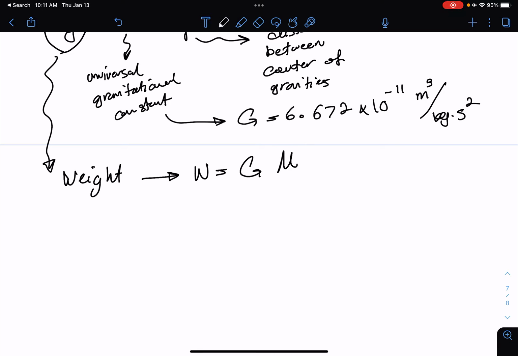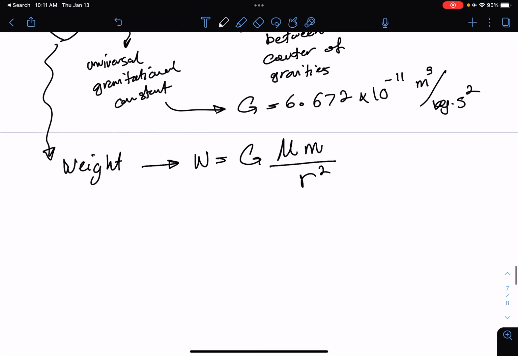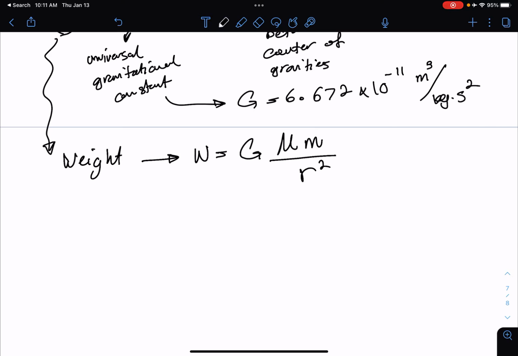The mass of the bigger object, or mass of the planet, we show with capital M and a small m for your mass, divided by the distance between you and the center of gravity of Earth. If you take the small m out, we are essentially multiplying m, your mass, by G, the universal gravitational constant, multiplied by the mass of Earth or any other planet, divided by this distance squared.